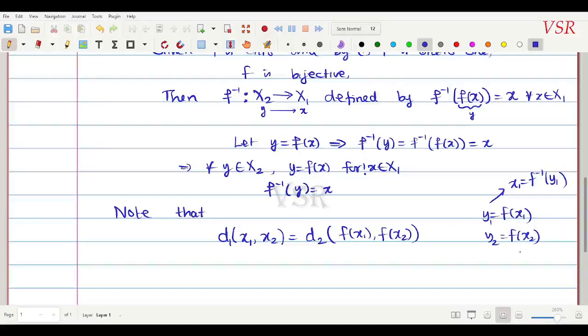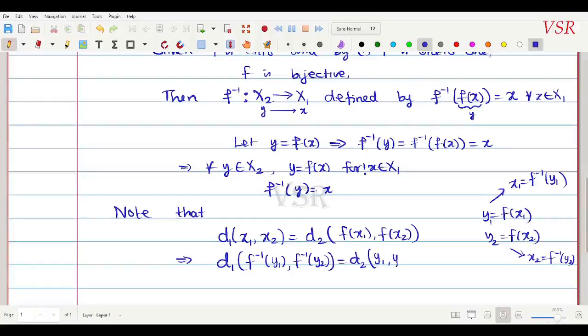And in this case we have x2 which is equal to f inverse of y2. அப்ப இது அப்படியே இதுல fit பண்றேன். So d1 of f inverse of y1 comma f inverse of y2 is equal to d2 of y1 comma y2.